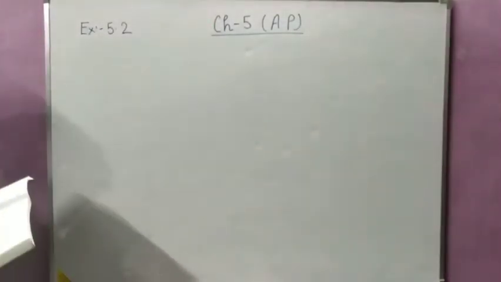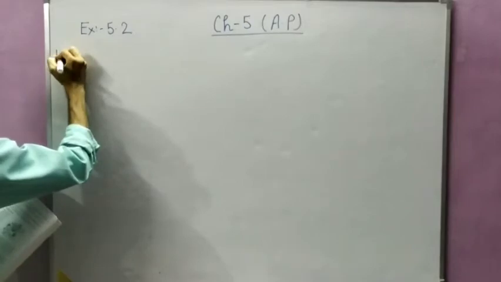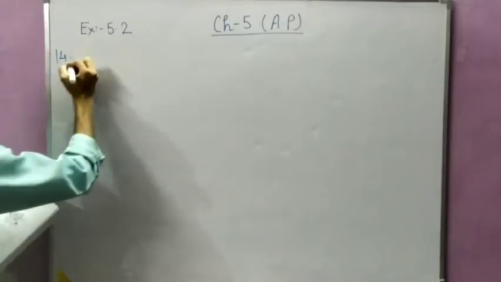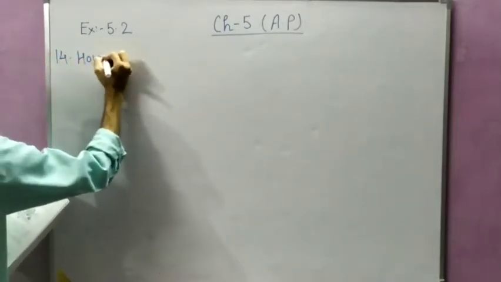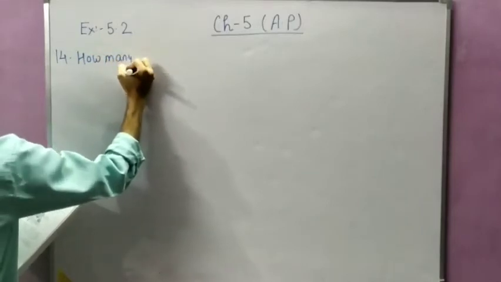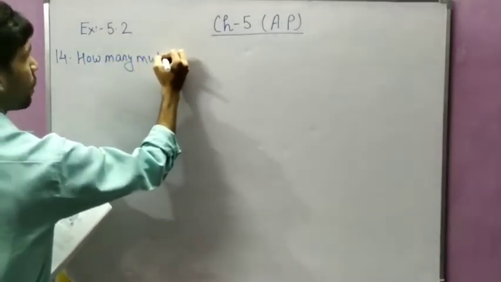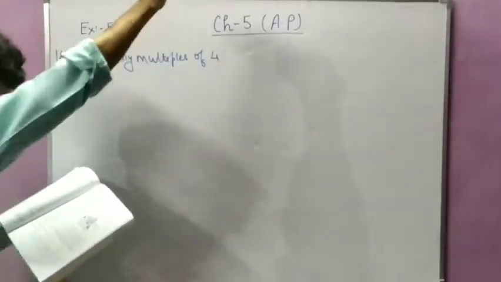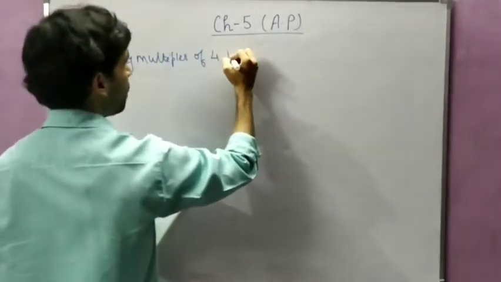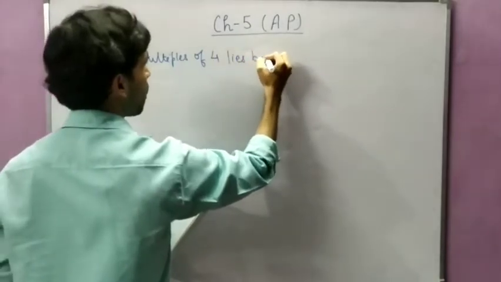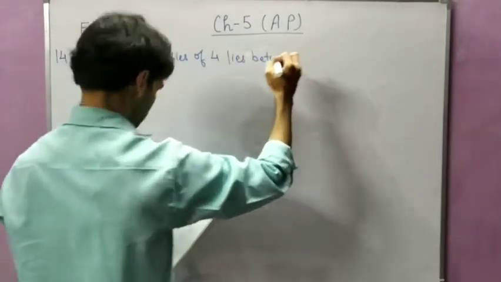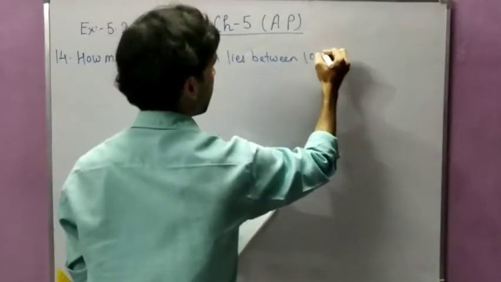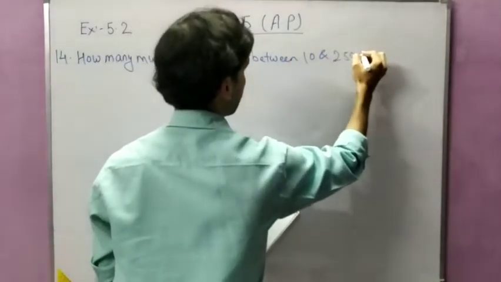Okay, the 14th question is: how many multiples of 4 lie between 10 and 250?